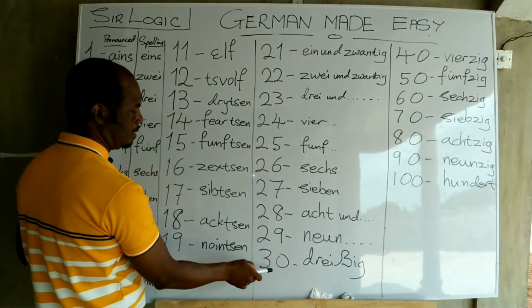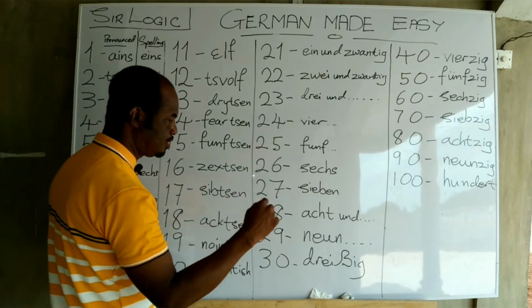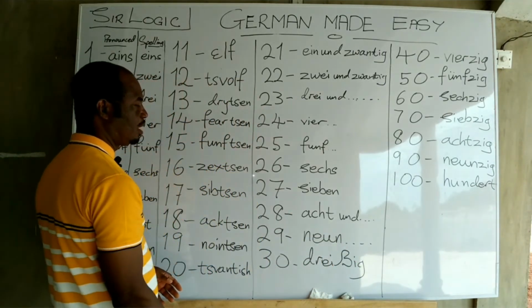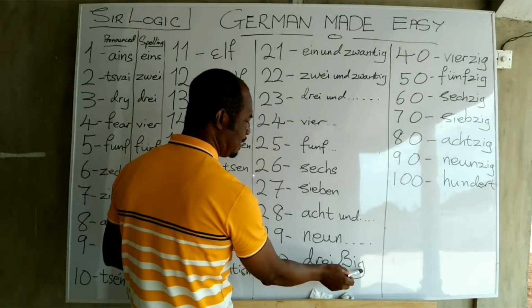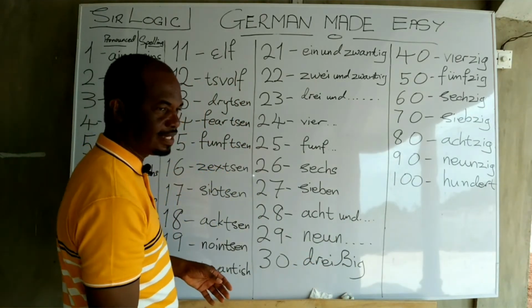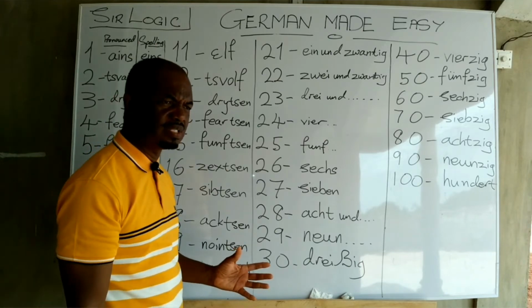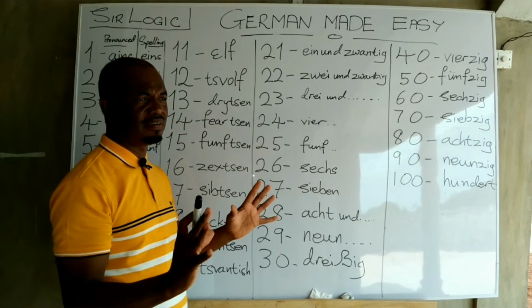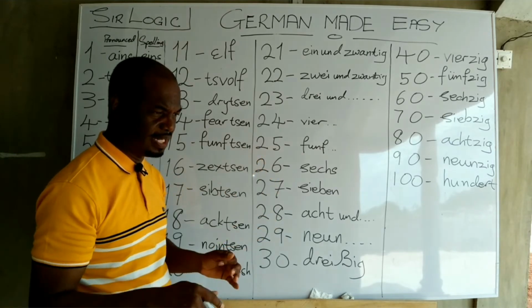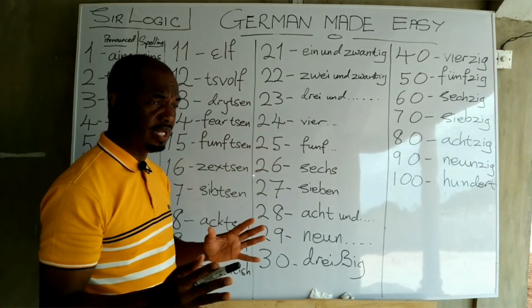30. So you remember this is double S. This time I will explain to you why this is sh and not g. Some people do pronounce it differently. You have variation of German-speaking people within Germany and around Germany. Everybody has his way of pronouncing.